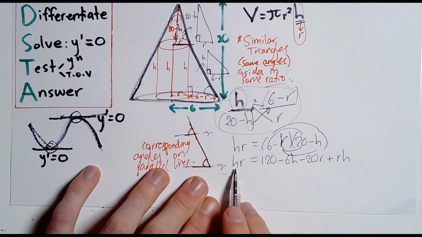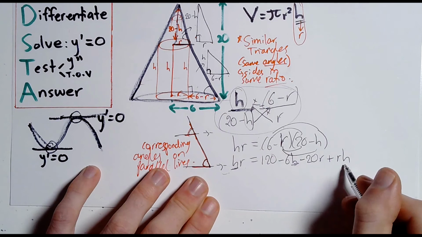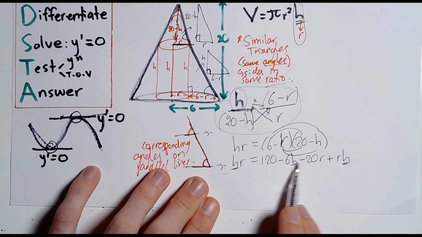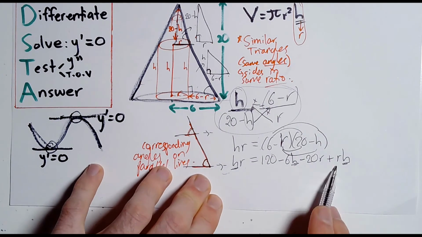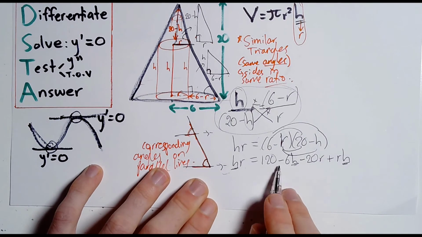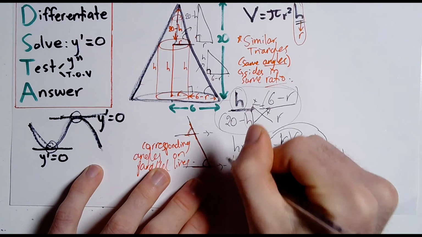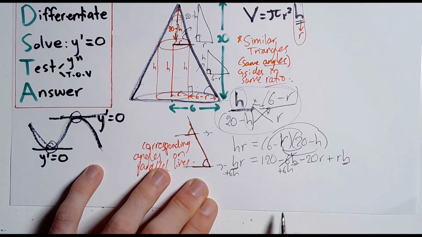Because we have h on both sides, we need to collect like terms. I'm going to move all of the h terms on the right side over to the left side. To pull them over, you need to do the opposite of what's happening. Because it says 120 minus 6h, I need to add 6h to both sides. That gets rid of it from that side and carries it over.